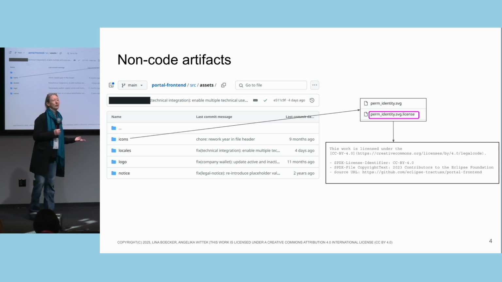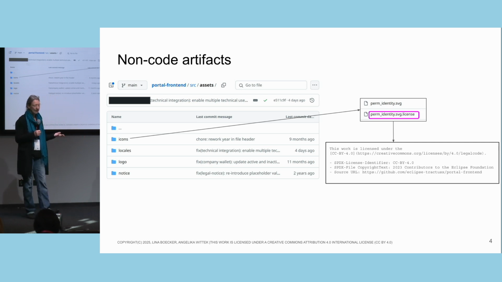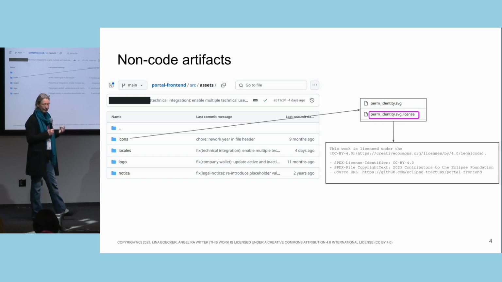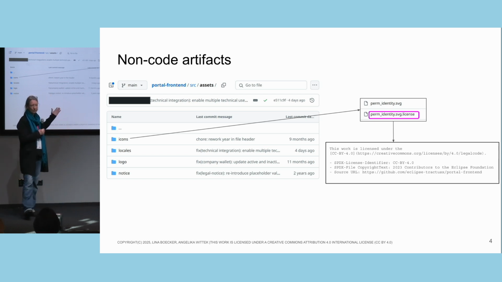Why next to the image? Because it's really hard to put your license and copyright information into the image. So this is just one way you can do it. There are several other ways to do it. This is one of the ways recommended by the REUSE software. Just to give an example of what's in a file like this, or you can also put it in your NOTICE file or README file.